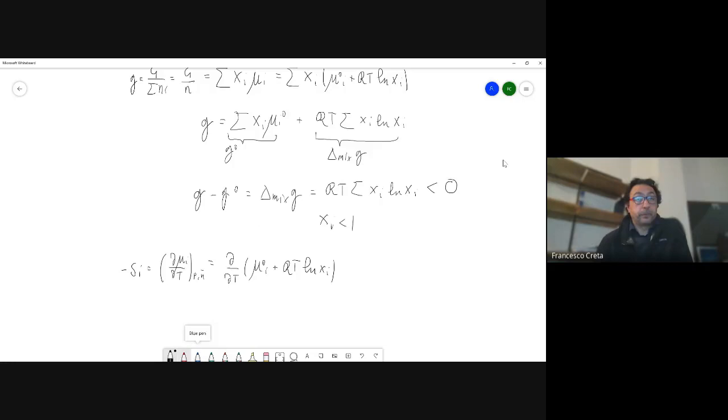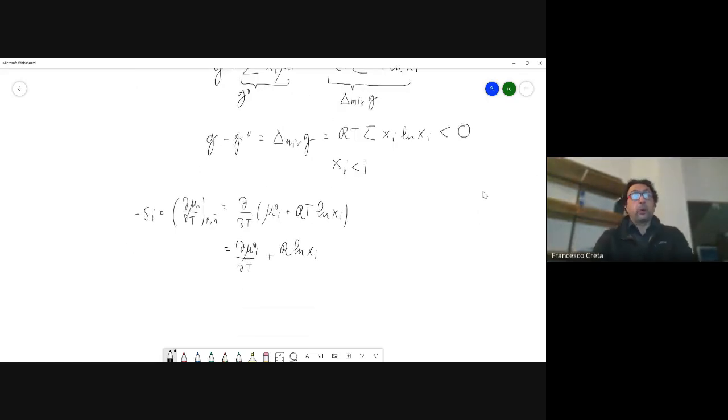This would be the derivative of the pure species, plus we derive this at constant composition. R is a constant, so we have R logarithm of xi.